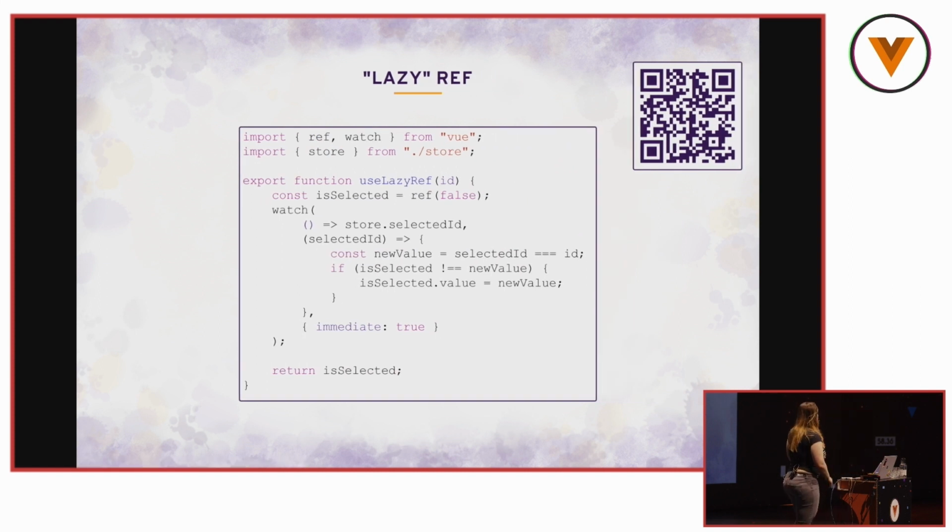Then we have what we call the lazy ref. I don't know if this is a good word, but this is how we are calling it. It's just a pattern, a way to build a composable which will not be dirty each time the dependencies change, but only when the value changes.